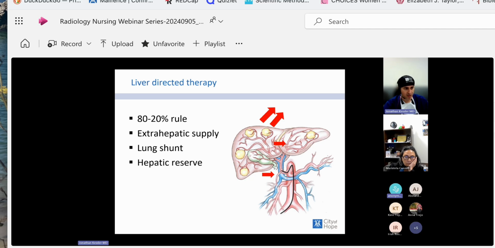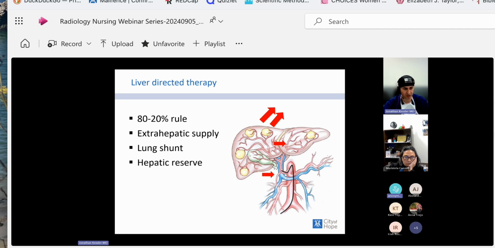The next thing we always have to think about is the hepatic reserve. So again, 80-20, 90-10, 95-5, whatever the number is in an individual patient is less important than understanding that some of these blood vessels, some of these arteries, are not going out to tumor. So whatever I'm injecting into the liver, some of that is going to go into the regular normal liver parenchyma. That's why we have to be very careful of the patient's underlying liver disease.